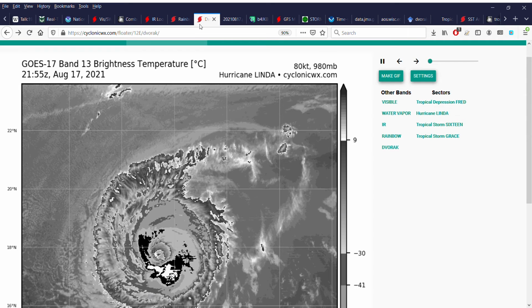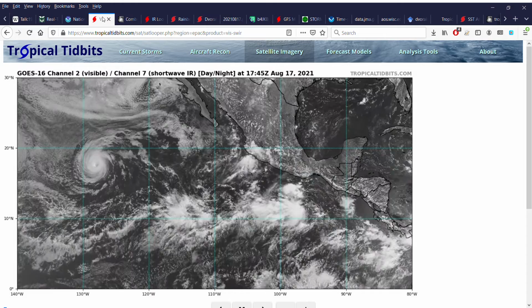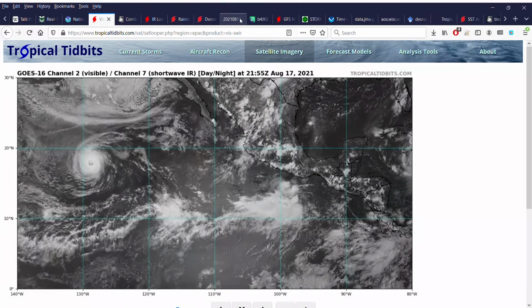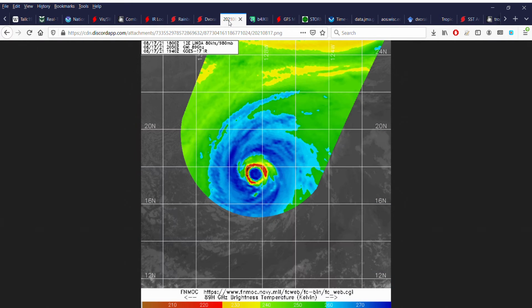And the estimate of T5.5 is indicative of major hurricane intensity, corresponding to 102 knots, or about 115 miles per hour.